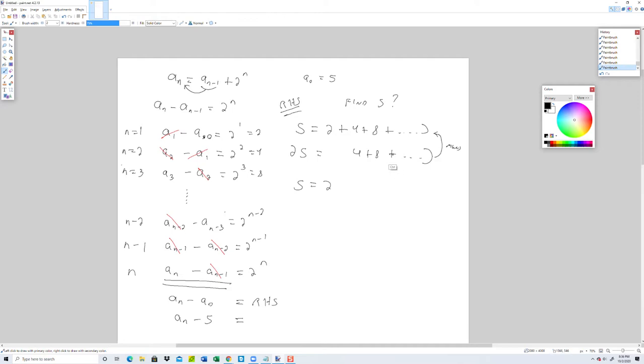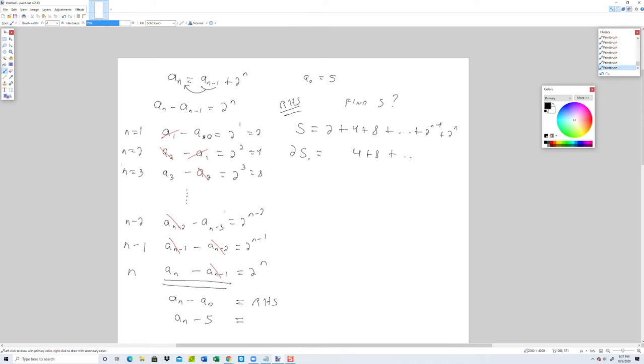Okay, this is an interesting problem. Can't just do just the numbers because this has to go up to 2 to the n. And let's try it again. This will go up to 2 to the n minus 1 plus 2 to the n.